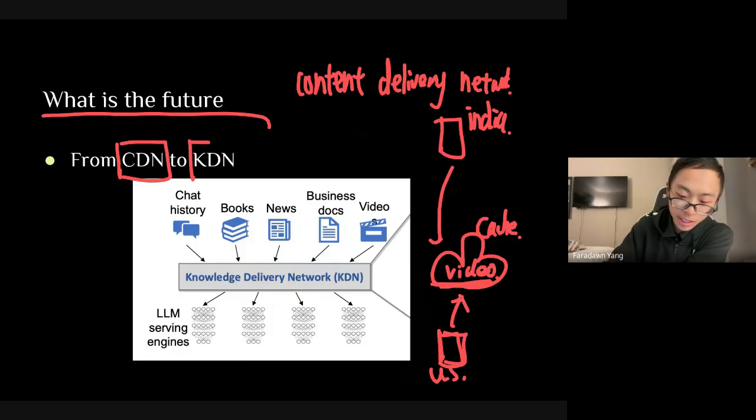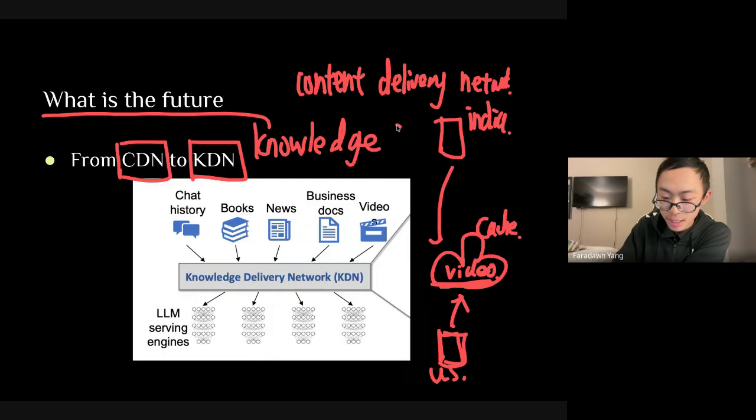In the future, the network will be KDN, Knowledge Delivery Network. Why? Without KDN, say there is news today, Halloween news. Many users might query this news, so everyone asks what the news is about.